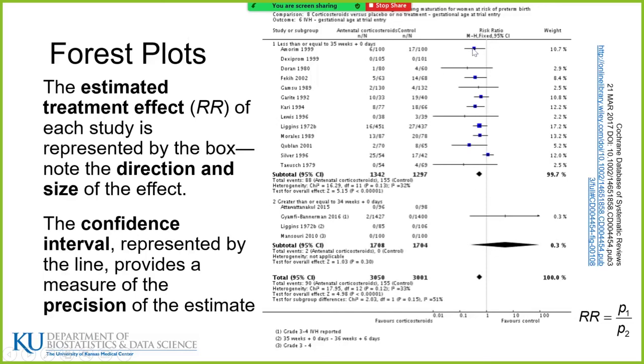And what it's trying to convey to the reader is not only the overall estimate of the treatment effect, but the heterogeneity among the effect estimates across all the studies, the direction of the effects, and the size of the effect.